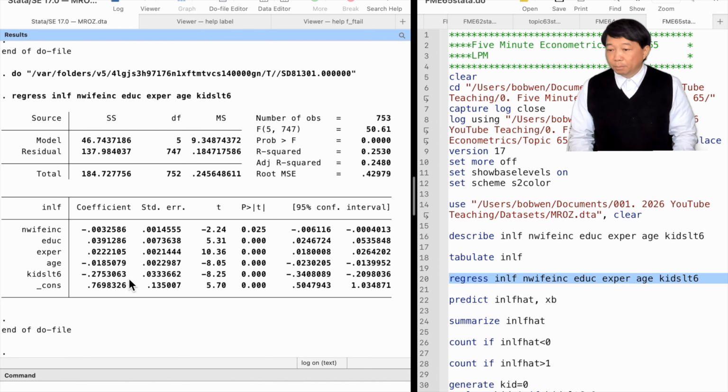Finally, 1 more kid less than 6 years of age reduces the probability of married women's labor force participation by 27.5%, which is a huge impact. The estimates are statistically significant at the 1% level against a two-sided alternative, except for the husband's income, which is significant at a level above 2.5%.